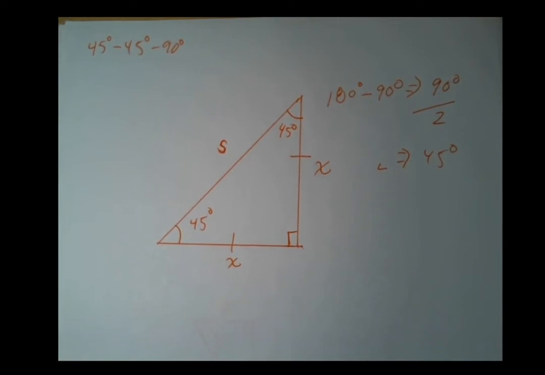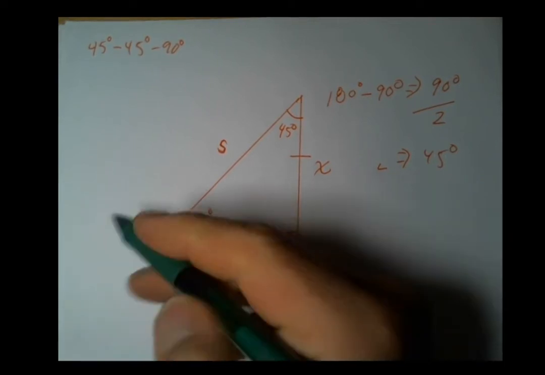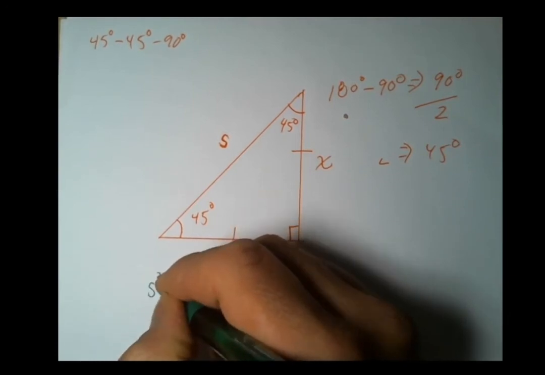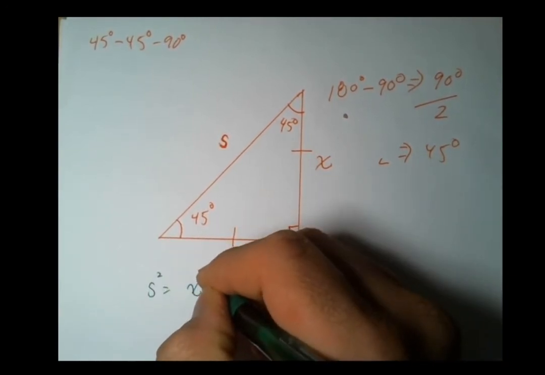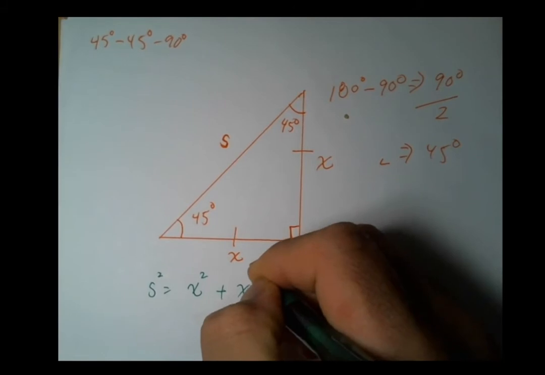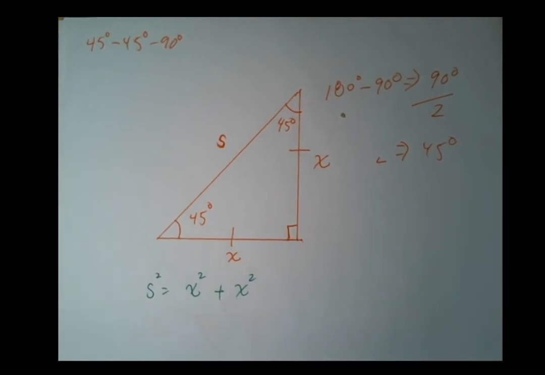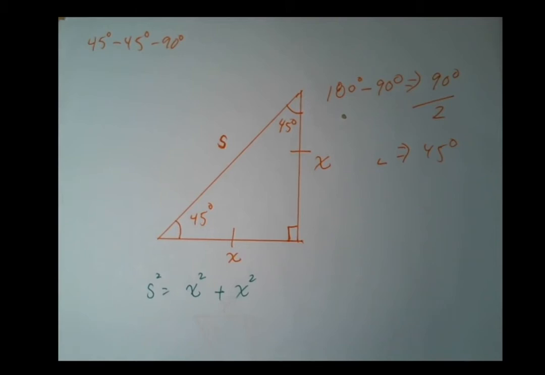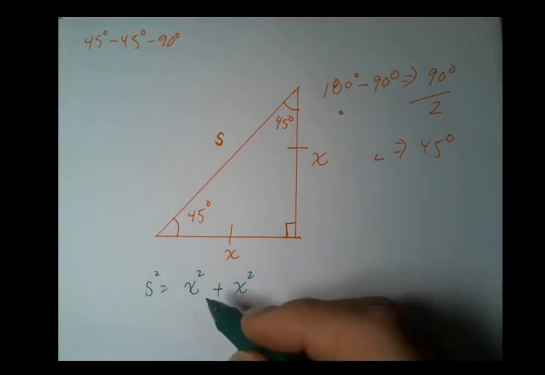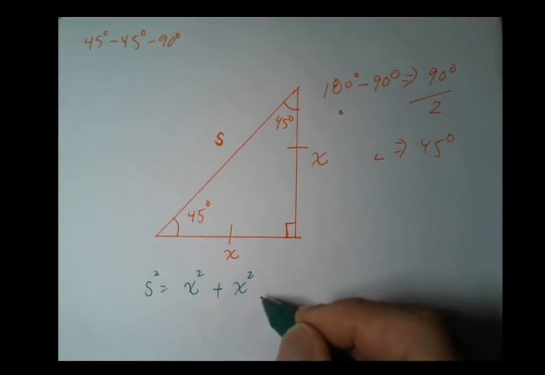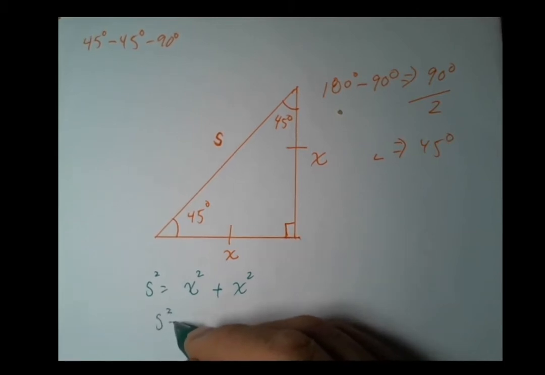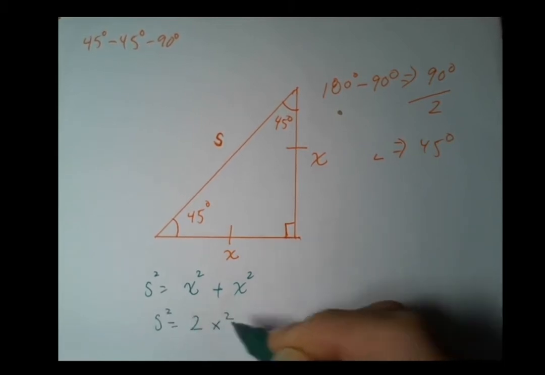The hypotenuse squared is equal to the sum of the squares of the legs. So we have s squared equals x squared plus x squared. Combining common terms, 1x squared plus another x squared is 2x squared.